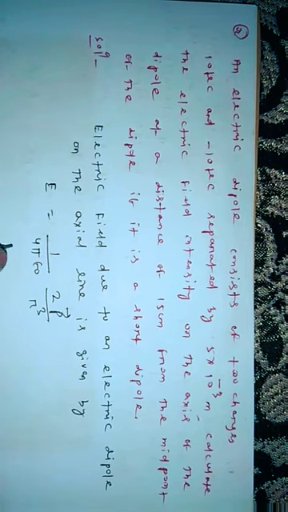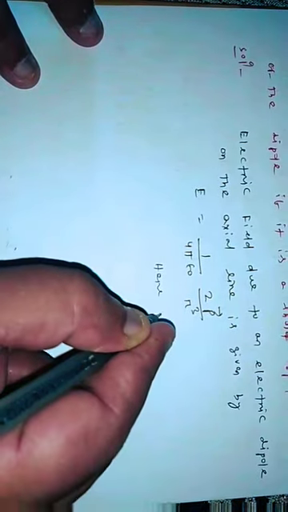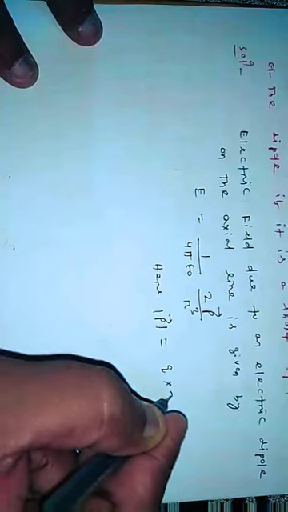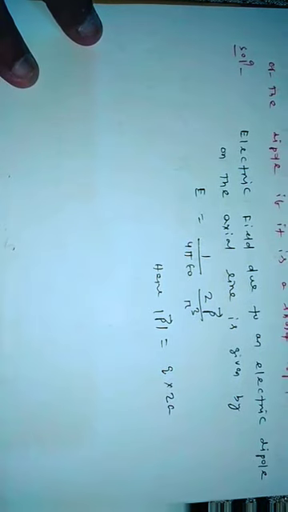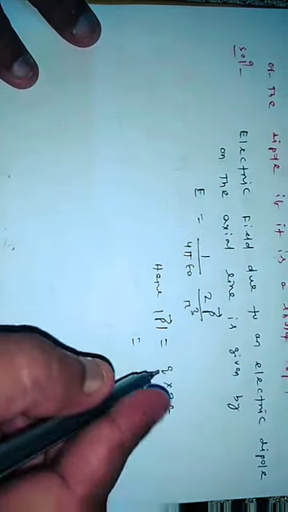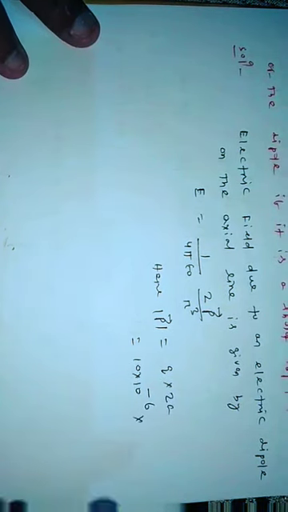Here P equal to Q into 2A. So this is equal to Q is 10 microcoulomb, so this is equal to 10 into 10 to the minus 6 coulomb into separation between them, which is 5 into 10 to the minus 3 meter.